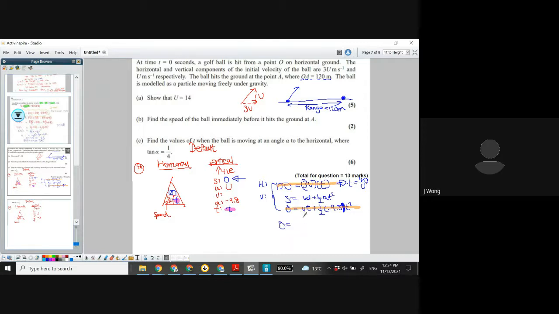So 0 equals U times 40 divided by U plus a half times minus g multiplied by 40 over U, squared. So that is 40, move it to the other side, at the same time: minus 40 equals minus 4.9 times 1,600 over U squared.